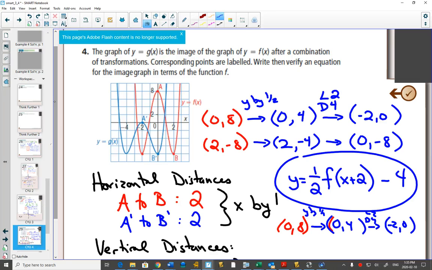And you could verify it that way. But I think if I did this work and it said verify, I would just go verification. Oh, done. And then rather than rewriting it. Okay.